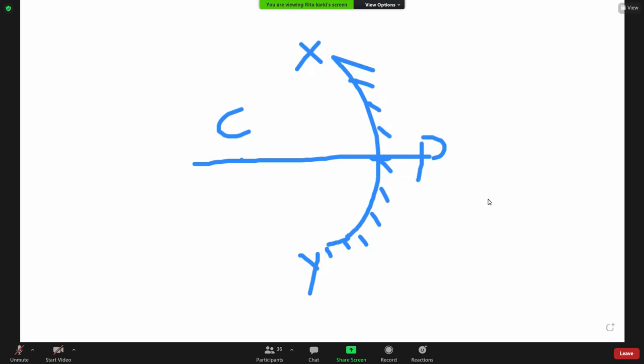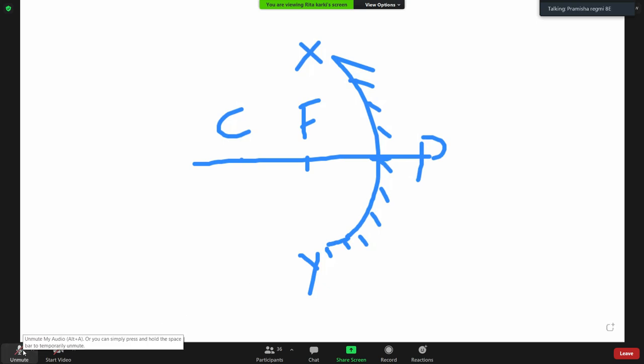So somewhere in this position, the middle point of the center of curvature and P is located. So here we will mark this point as the focal point, or the principal focus, which is denoted by capital F. Clear? Clear up to here? Yes, ma'am.